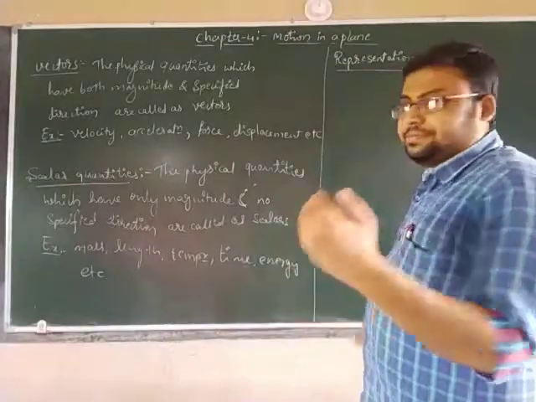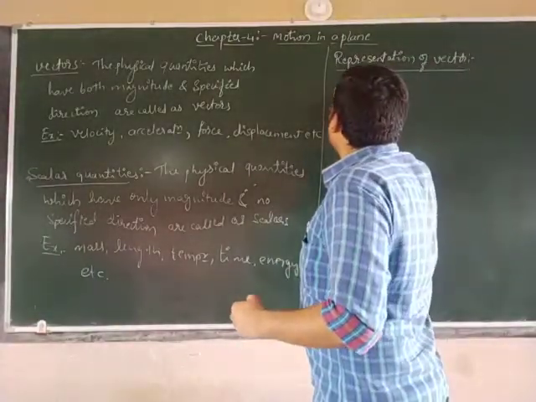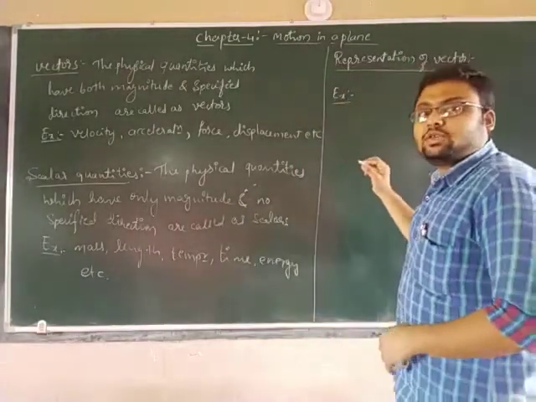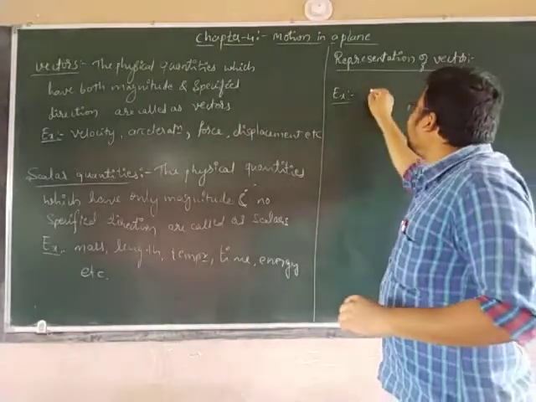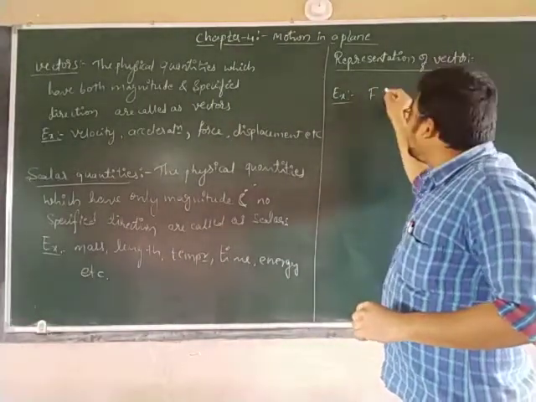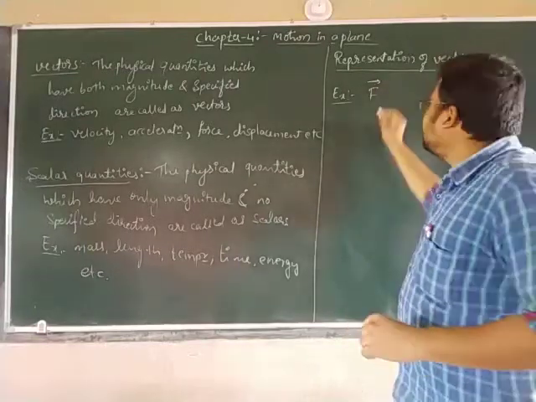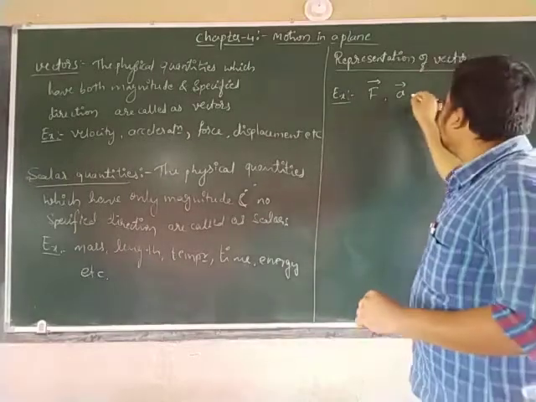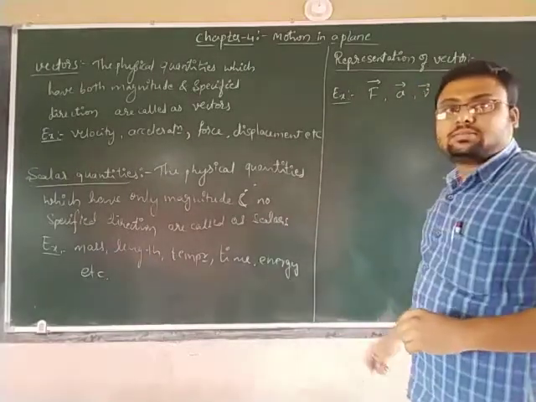For example, we have force, and it is a vector quantity. To say this, we write F and above it we put an arrow mark. Similarly for acceleration and velocity, an arrow mark above.